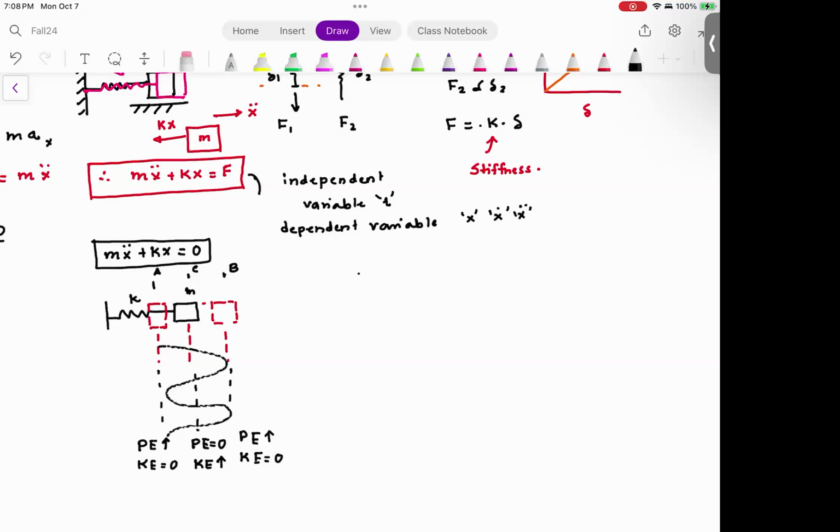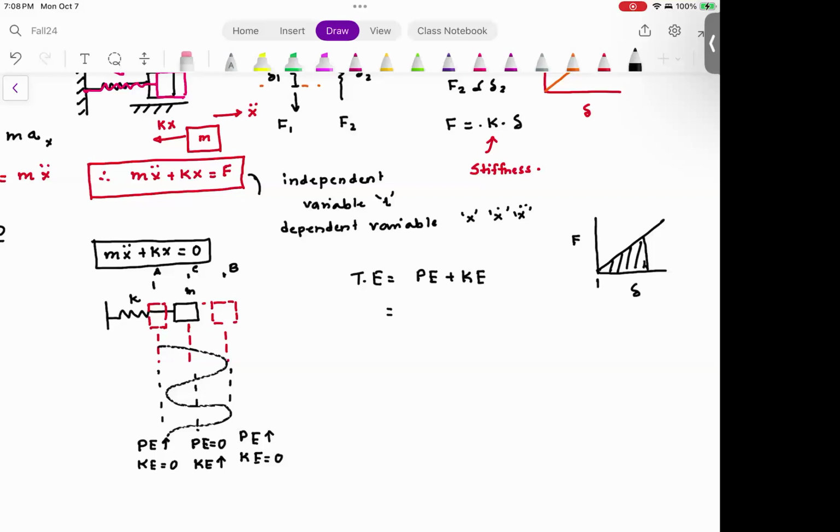So I can say total energy is equal to potential energy plus kinetic energy. Do you agree with me? Potential energy is nothing but you have this force and displacement, and this is the energy stored in the spring.